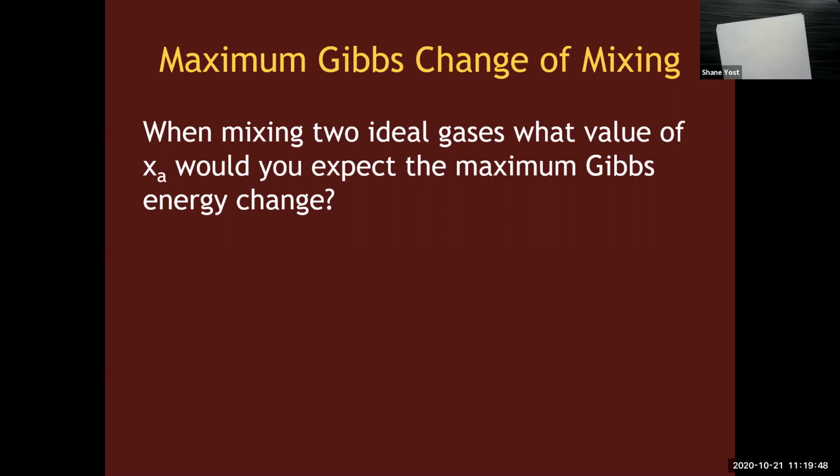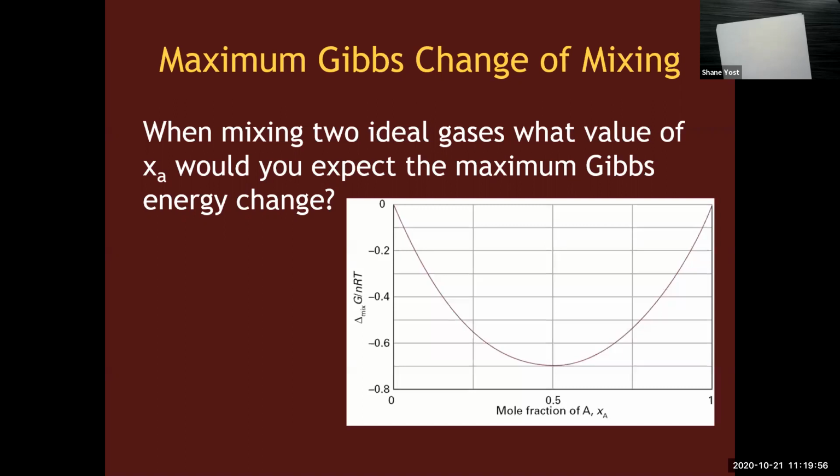When would we get the most mixing occurring between two ideal gases? A 50-50 mixture, right? So the maximum free energy change is going to be for a 50-50 mixture, because that's the most mixing that can occur.